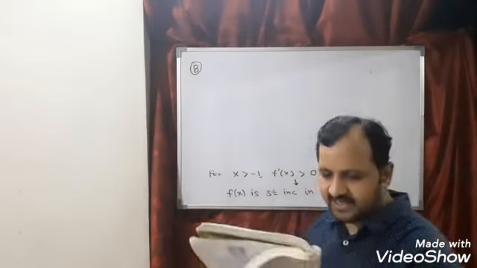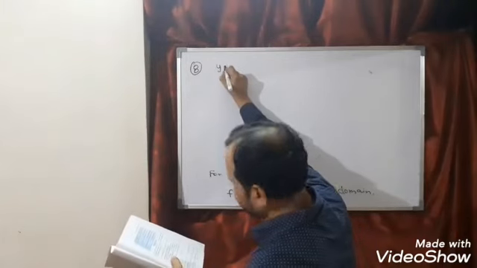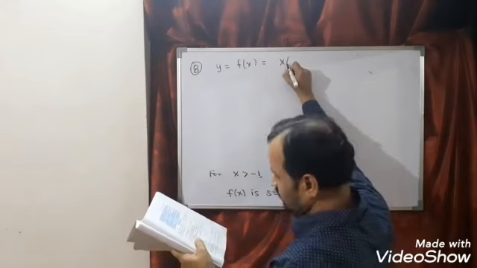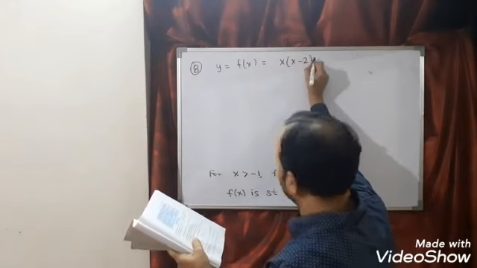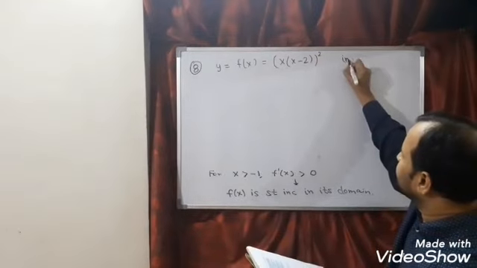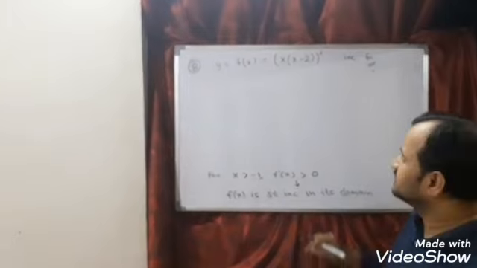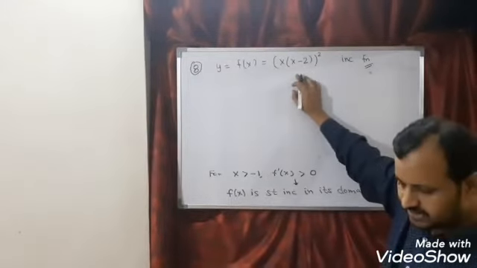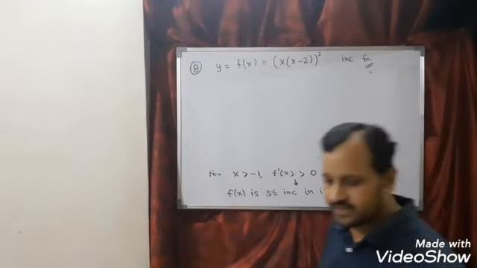Find the values of x for which y is equal to x into x minus 2 whole square is an increasing function. Find the values of x for which this function is an increasing function.